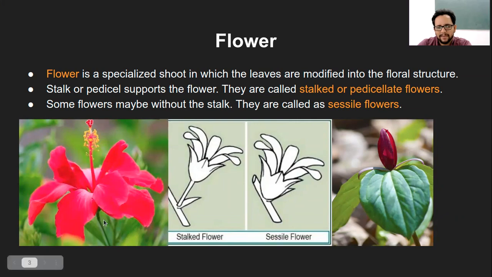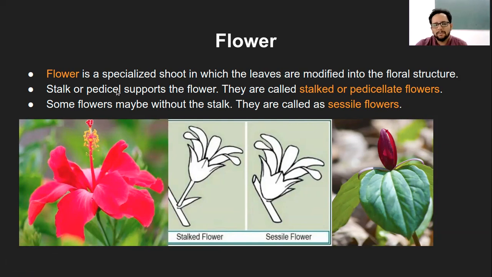In this hibiscus flower, you can see there is this stalk or the pedicel or the stem of the flower. You can use any of this terminology, but stalk and pedicel are the scientific ones. And stem of the flower can be confusing if you just write stem, because a plant has a stem and the flower doesn't ideally.